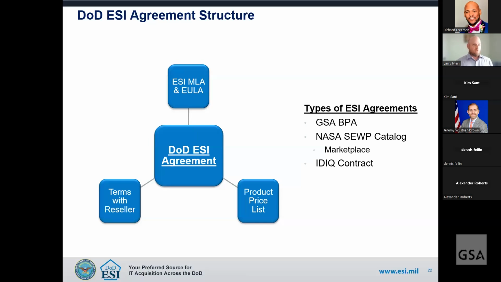So what we are doing is negotiating very specific DoD license agreement terms. I don't want to use the word unique, but this is where we're adding the benefit and adding value to you. And I'll go over what some of those terms are on the next slide.